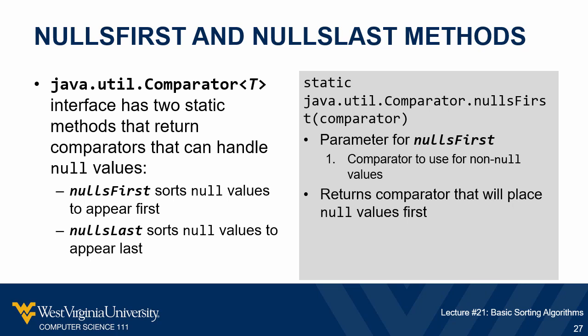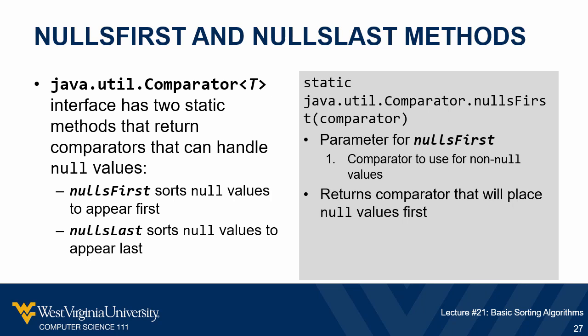As you can kind of guess from the names, what they're going to do is sort nulls so that they either come first before all the other items or last after all the other items. We can get a comparator that handles nulls by calling the nullsFirst or nullsLast static method.